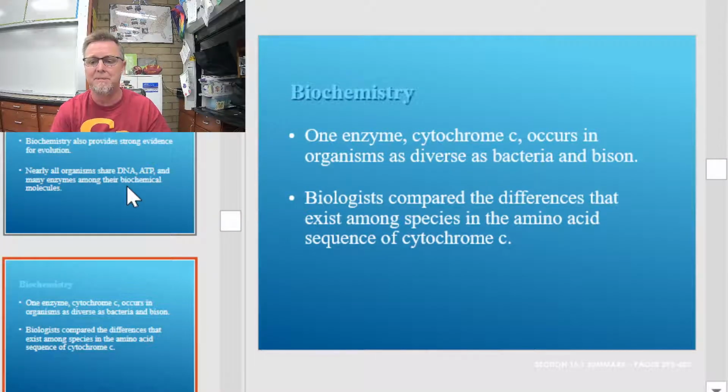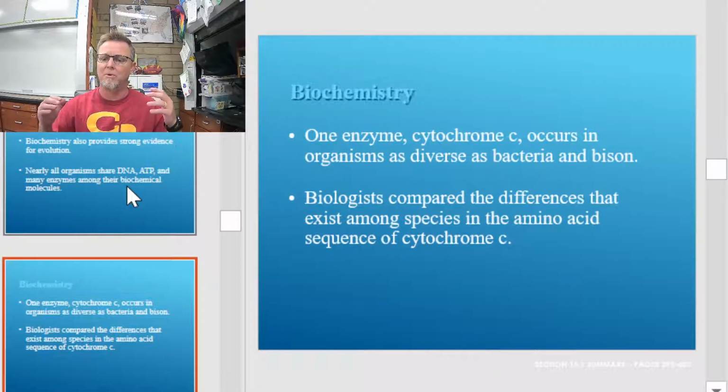One enzyme in particular, cytochrome C, occurs in organisms as diverse as bacteria and bison. So the thought is, if bacteria have cytochrome C and bison have cytochrome C, where did the bison get the cytochrome C? It must at some point, somehow, be related to bacteria or vice versa, right? The bacteria is bison, I don't know.